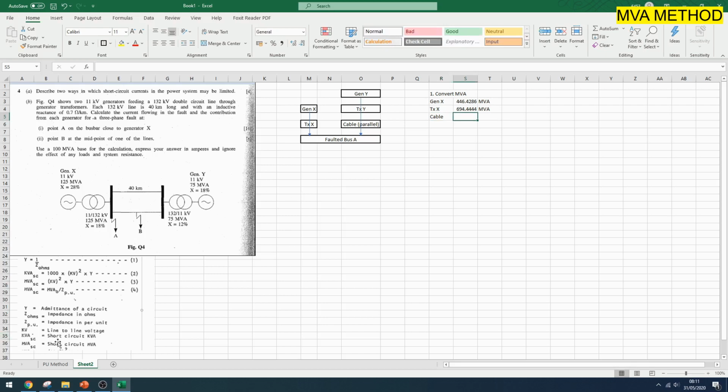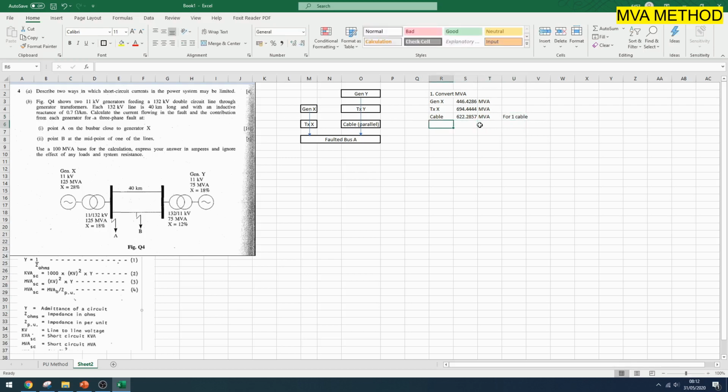The cable MVA is actually V squared over Z. In our case, the voltage of the cable is 132 kV, divided by the impedance, which is 40 kilometers times 0.7 ohm per kilometer. That is the cable impedance, and this gives the cable MVA fault level for one cable. Alright, so this is for one cable. Just to note for you guys.